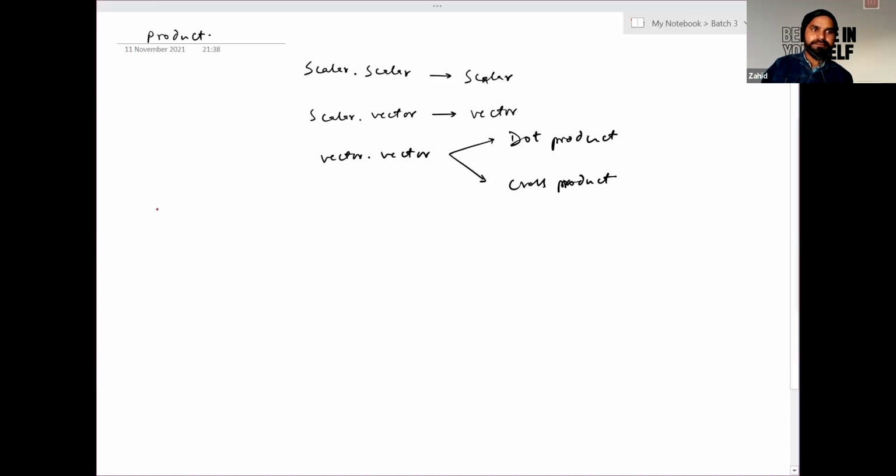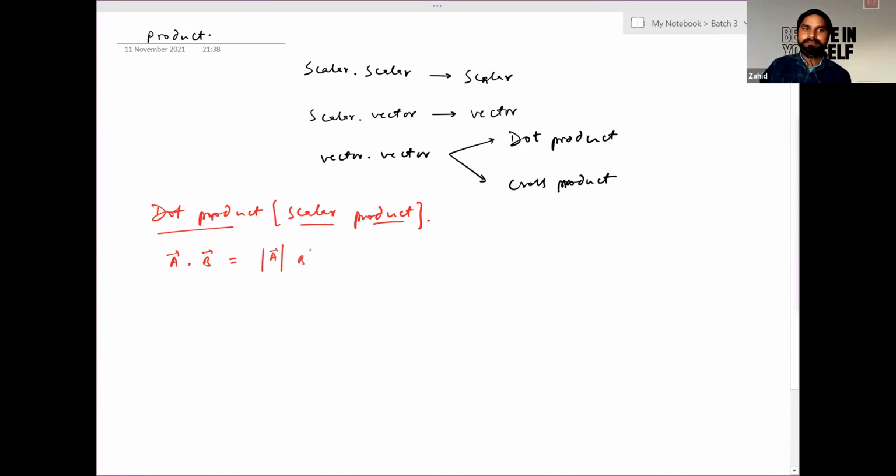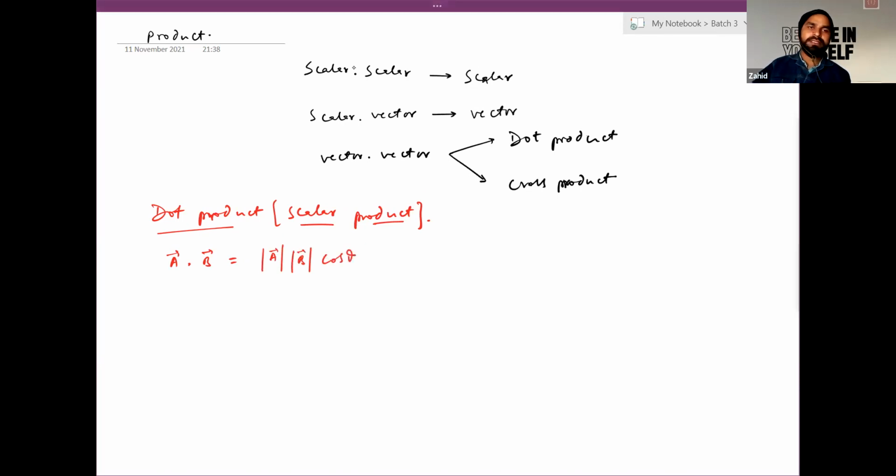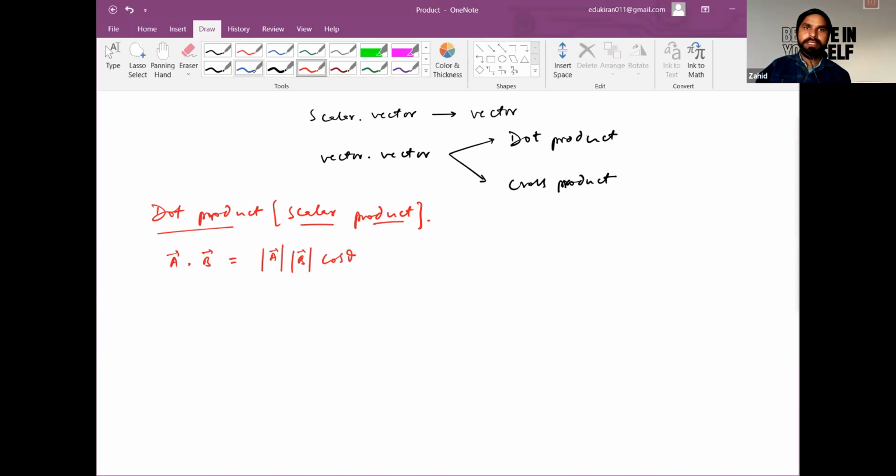So first, dot product, or you can say scalar product. A dot B equals mod of A, mod of B, and cos theta. This is the formula for calculating dot product.